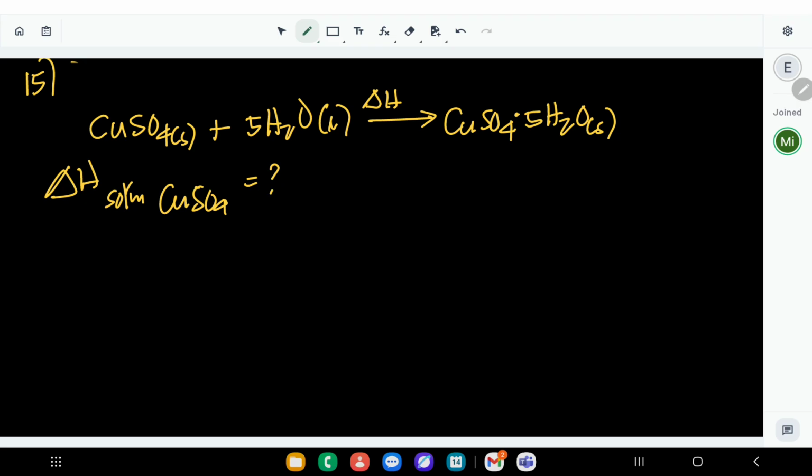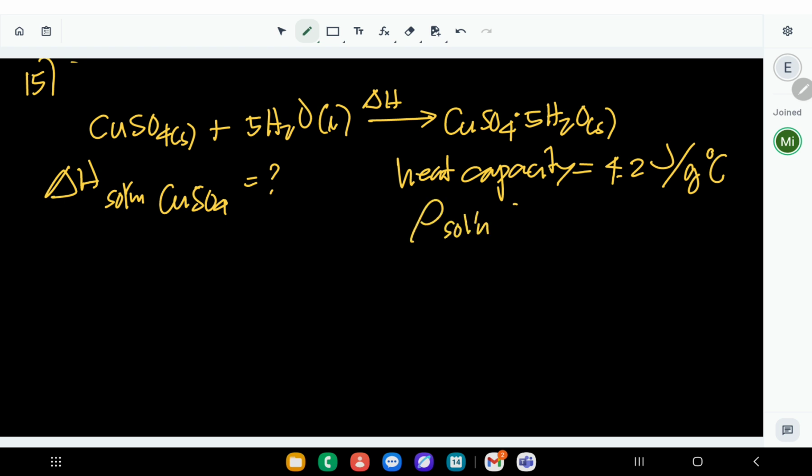Assume that the heat capacity of the solution is 4.2 joules per gram per degree Celsius, and the density of the solution is 1.0 gram per cubic centimeter.